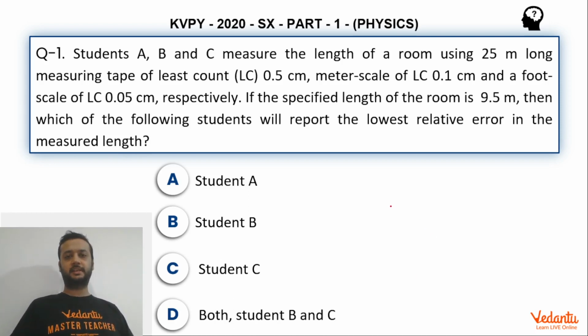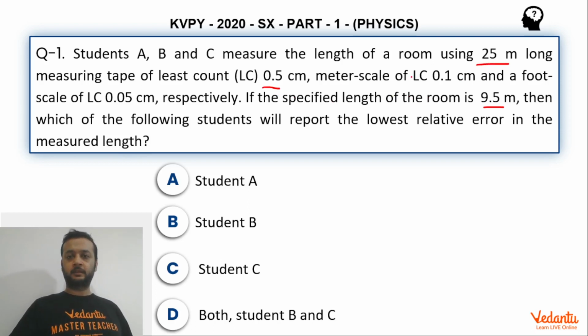There are three students, A, B, and C, who are measuring a length of 9.5 meters. That means this is the length of a room which they have to measure. The first student measures this length using a measuring tape which is 25 meters long, and its least count is 0.5 centimeters.